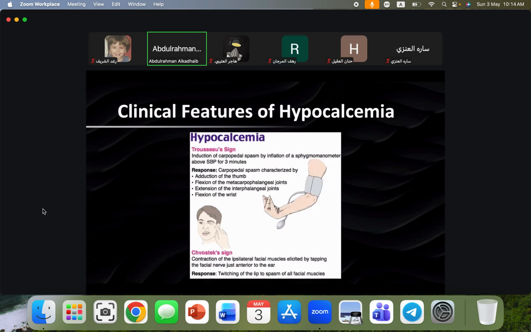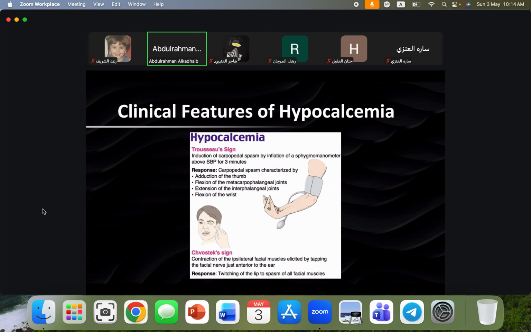The hypocalcemia may cause two main signs, which are called the Trousseau sign and Chvostek sign. Basically, the Trousseau sign, we can observe it by just inflating a blood pressure cuff, and this will cause contraction of the carpopedal muscles or contraction of the fingers in the same limb.